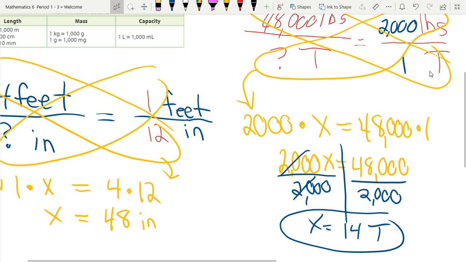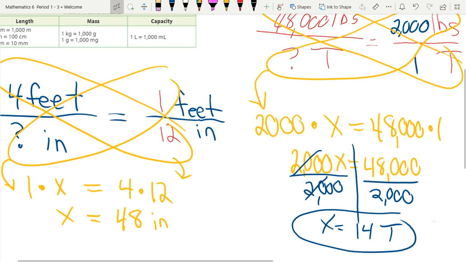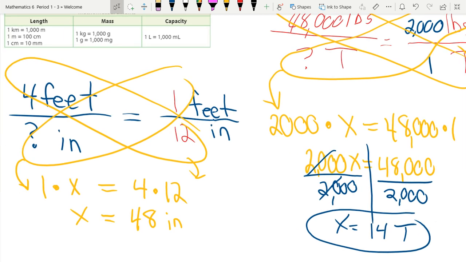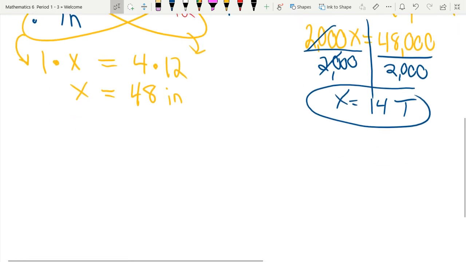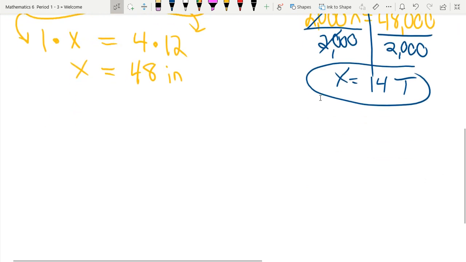Here, the one is on the bottom, 1 ton equals 2,000 pounds. So the labels, in essence, tell us, is this going to be a multiplication problem or is it going to be a division problem? It sets it up for us. Okay. So I hope that makes the customary a little bit more clear.